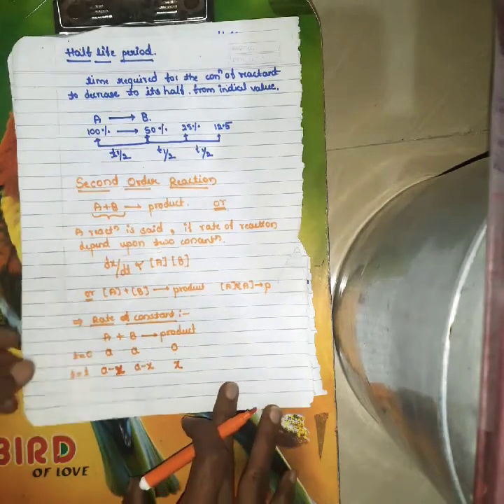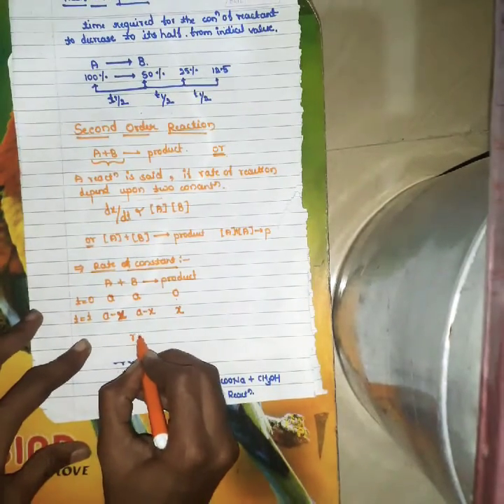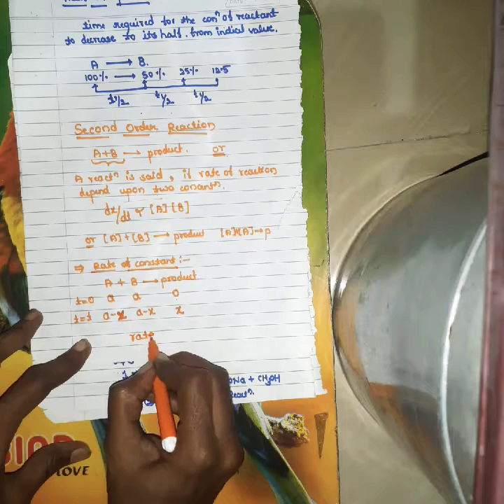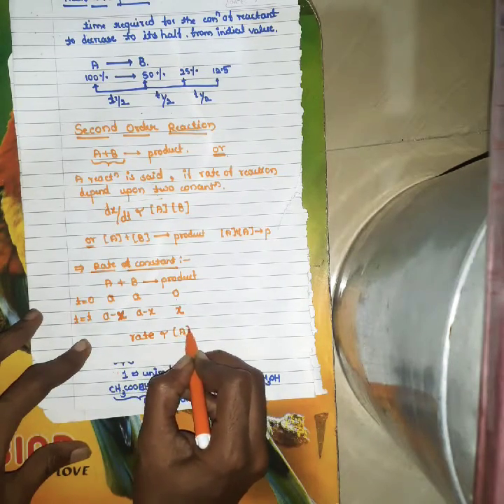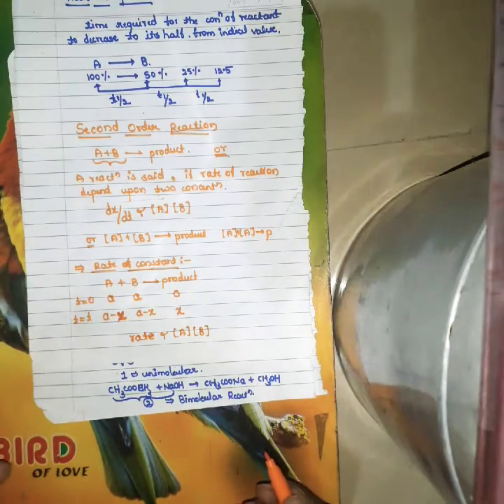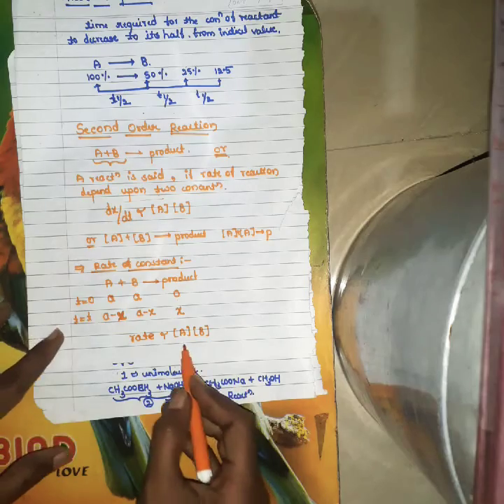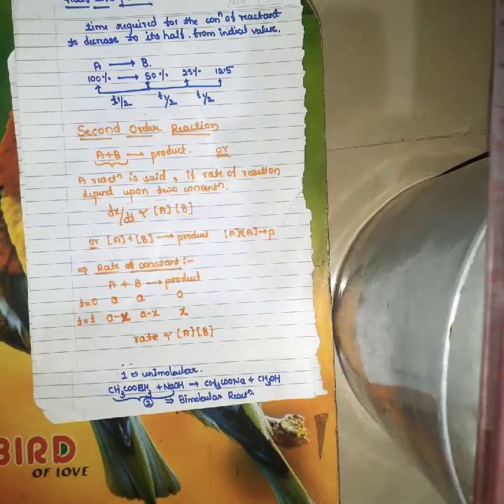These are the concentration terms. You already know rate of reaction is directly proportional to the concentration of A and the concentration of B. Rate is given by dx by dt.